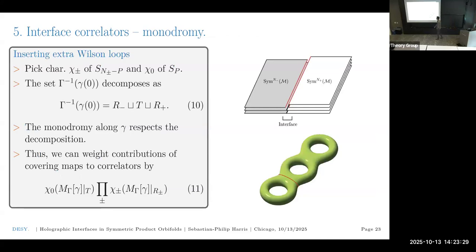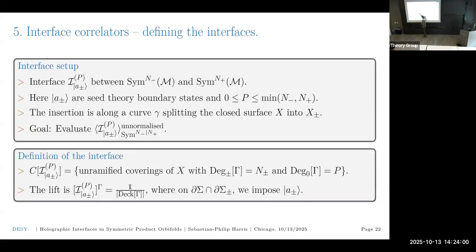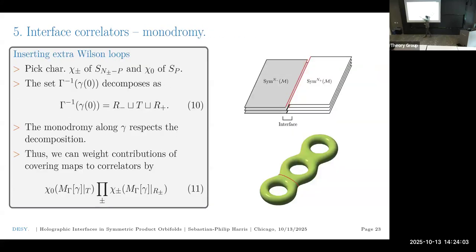Okay. And one thing that I'm not going into detail on now is that you can add additional information in this. You can also start thinking about what the monodromy around the interface is, and then you have some freedom to essentially dress these interfaces with some Wilson loops that allows you to add additional information from characters or representations of S_n± and of S_p to the construction.